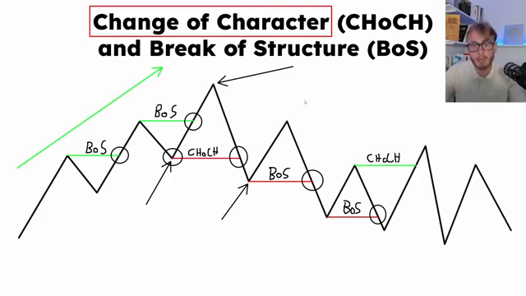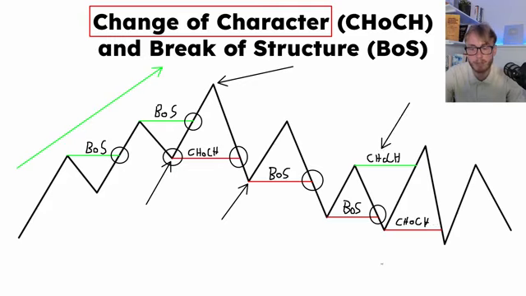Because in order to have a downtrend, we need to print lower highs and lower lows. And when we break this point right here, we are no longer printing lower highs. But the next move right here is more complicated, because you can see at this point the price actually breaks to yet another low. Some traders will consider this yet another immediate change of character.